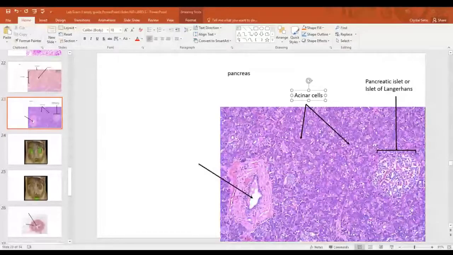So just keep that in mind, that it's not going to look exactly like this, but you're just looking for those identifying structures, okay? So what is my structure all the way to the right that's kind of white, that's got these little whiter areas in it? What is that called?